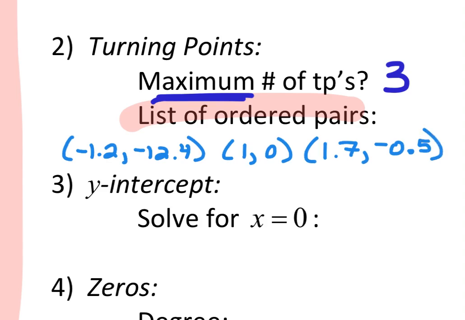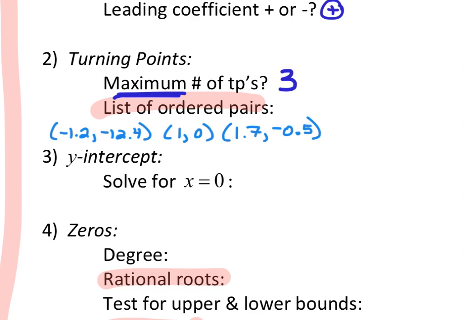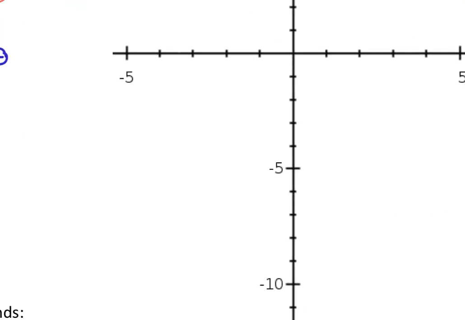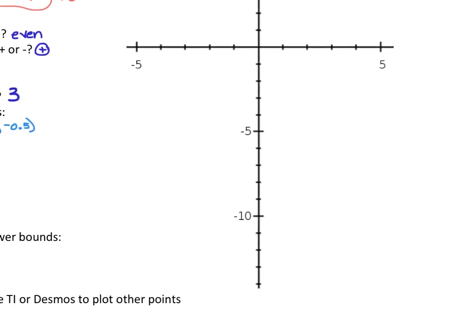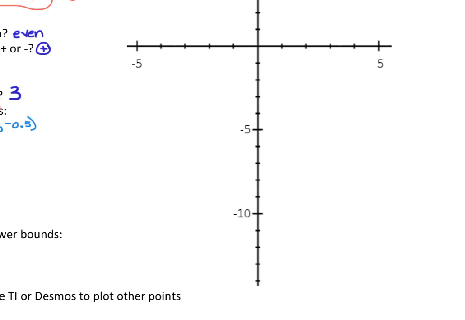And I'm going to take those 3 points and graph them over here. So negative 1.2, and this is a little bit hard to do on the iPad, but negative 1.2 and negative 12.4. Let's try to put that right about there. And (1, 0), that's not hard to do. And then 1.7 and negative a half.